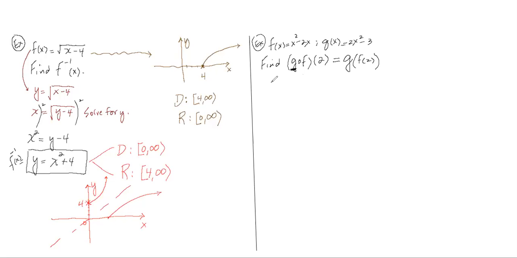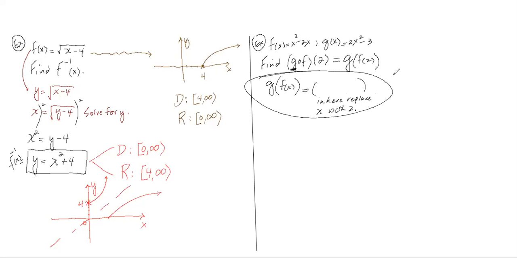You can do g of f of x, get that expression, and then replace x with 2. Okay, so that's one way to do that. Or you can also do it this way. Go ahead and first find out what f of 2 is.